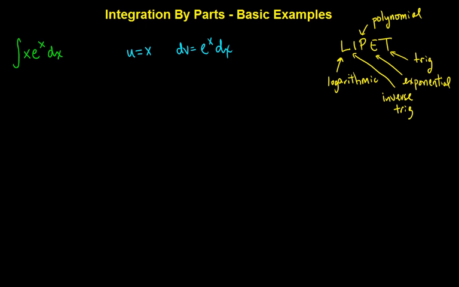Now you can see from this, first of all, that the derivative of x is simpler than x itself. It turns out to be just 1. And also that e to the x dx is easily integrated. Of course, we could find the derivative of e to the x easily, except it doesn't give us something simpler than we started out with.